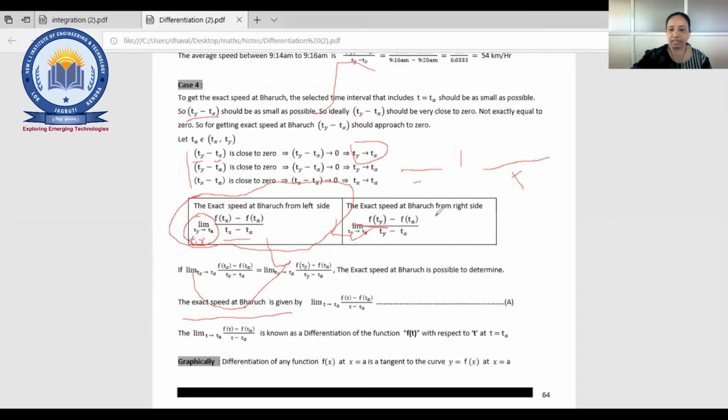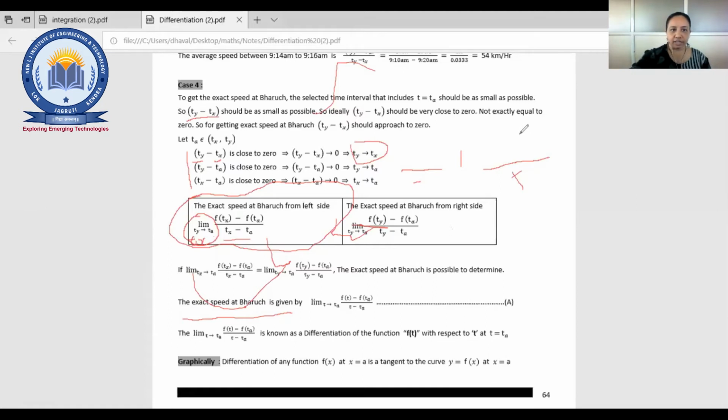So f(ty) minus f(ta) upon ty minus ta, right? In that way you can find out the speed at a particular city, right? So that can be explained with differentiation, right? So that is the thing for differentiation.